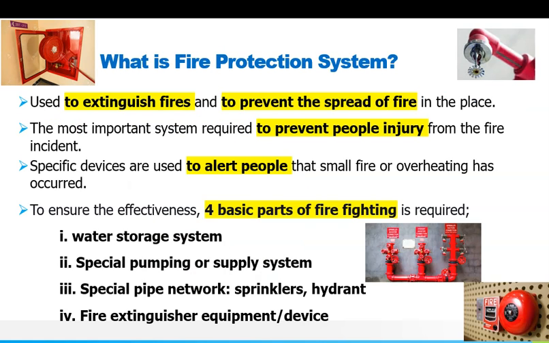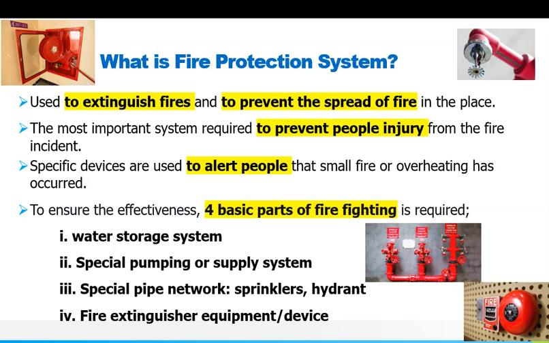Okay, mostly we have seen this system in schools, universities, big buildings, shopping malls, even in a factory. So it's very important to have a fire protection system to extinguish or put out the fire, and also to prevent the spread of fire.